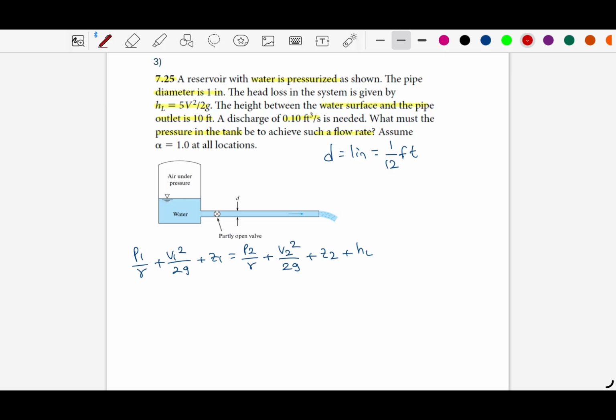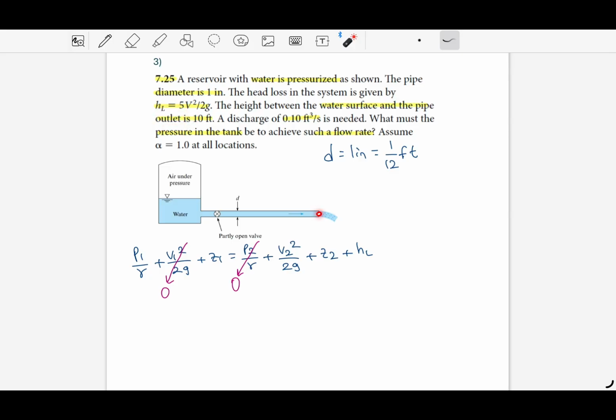So again, we have an energy equation and we have head loss on the right hand side. Here we cannot discard P1 because it is under pressure right now, but we can still assume velocity is 0 because it is the surface of this tank, so the velocity will be negligible. And when we look at the right side, we can still assume the pressure is 0 because the question clearly says that we are taking the outlet.